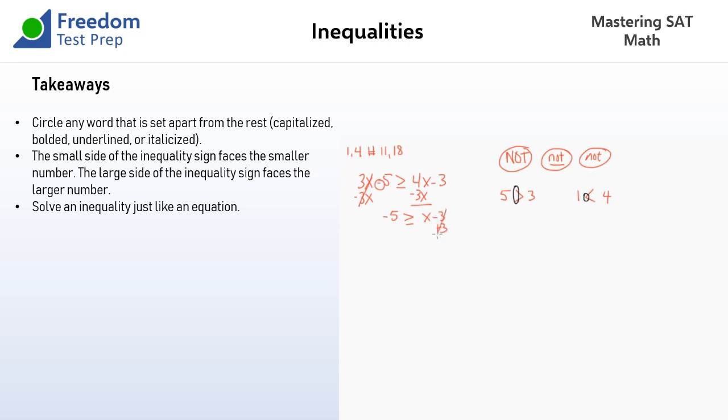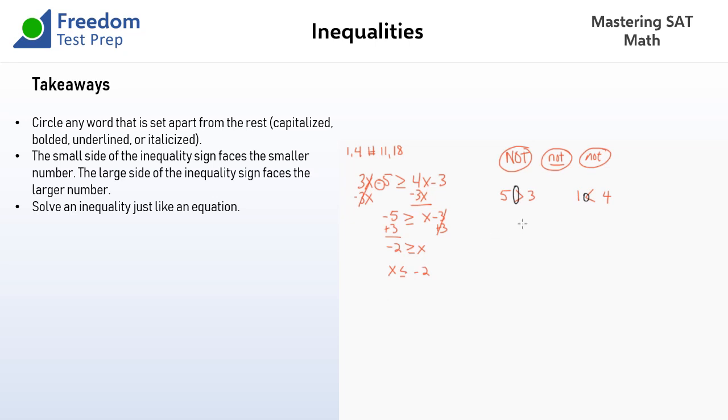We add the 3 over to get the x alone, and we get negative 2 is greater than or equal to x. I always turn it around so that the x, or whatever variable it is, is first. That means the small side of the inequality has to be pointing toward the x. So we're going to turn that sign around to make sure we have the math right.